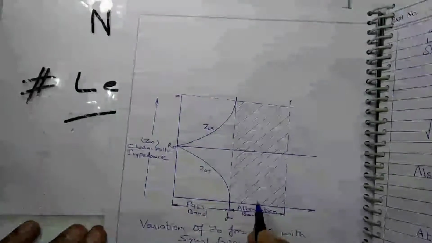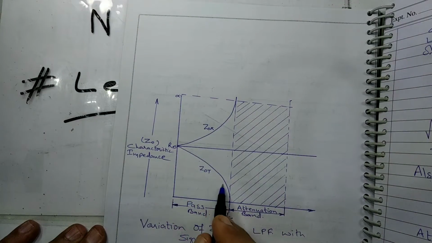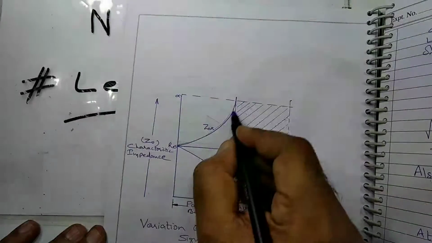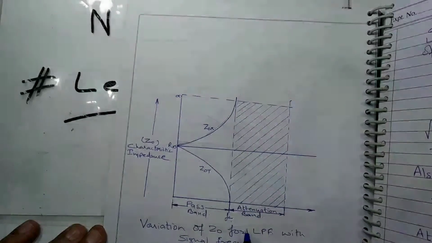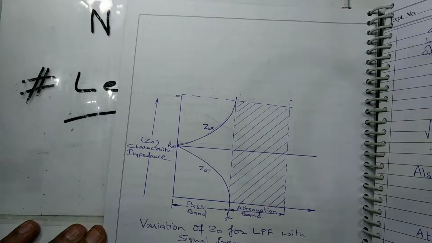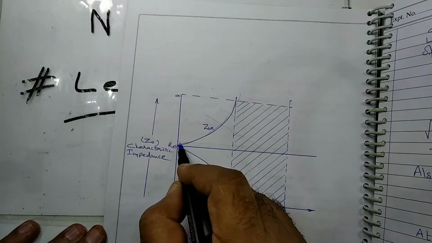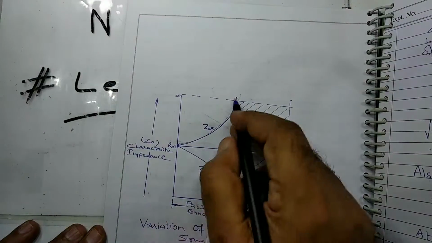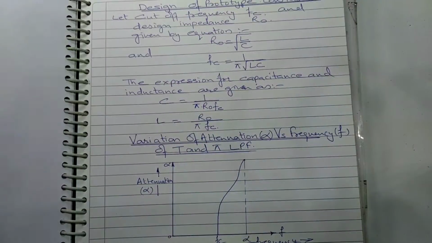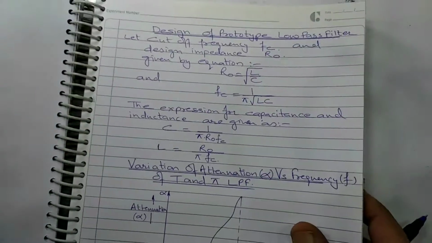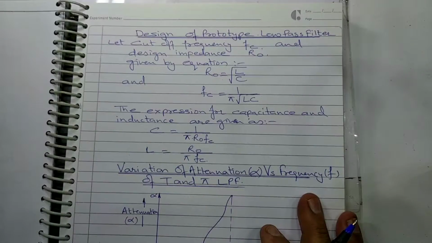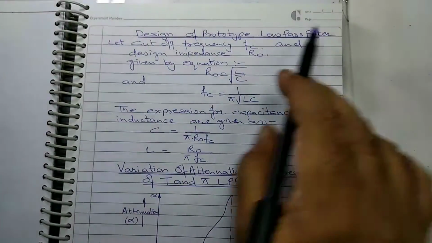ZOT varies like this, ZO pi varies like this. So this is the variation of characteristic impedance of a T network or a pi network. So let us see the design of the prototype low pass filter or constant K low pass filter.